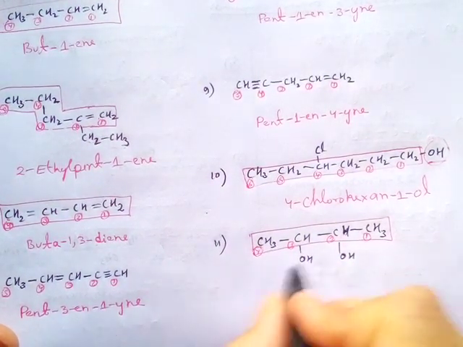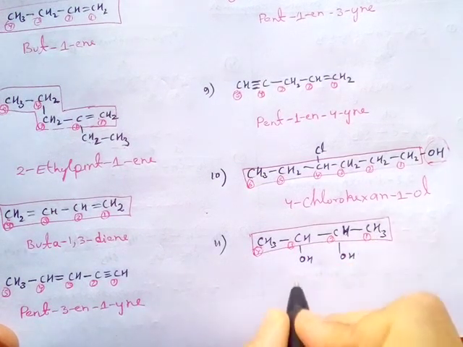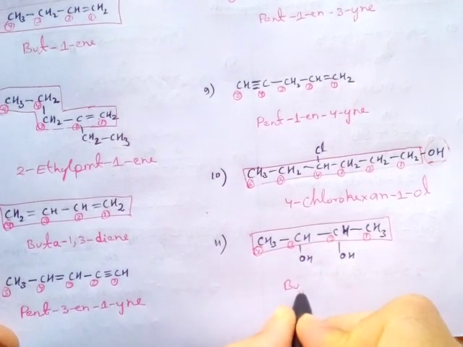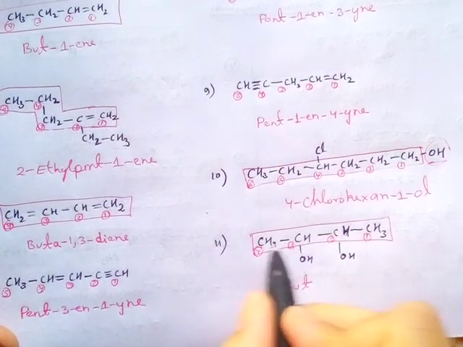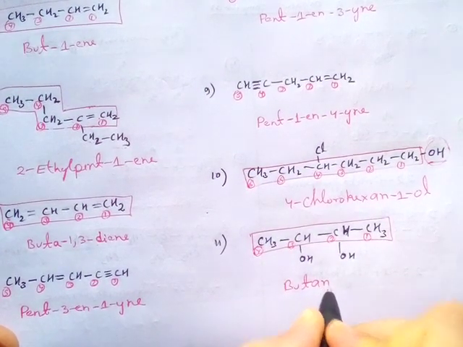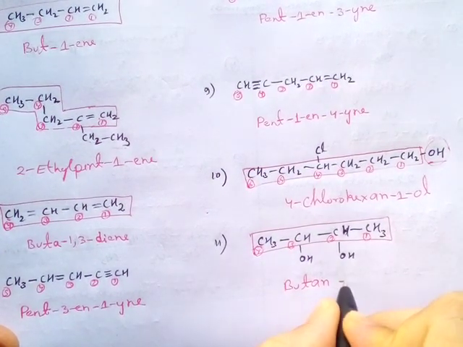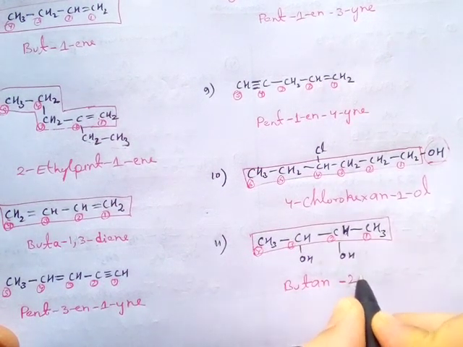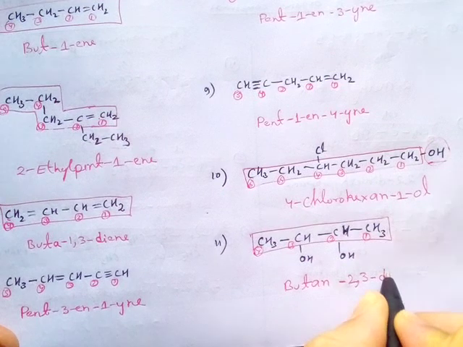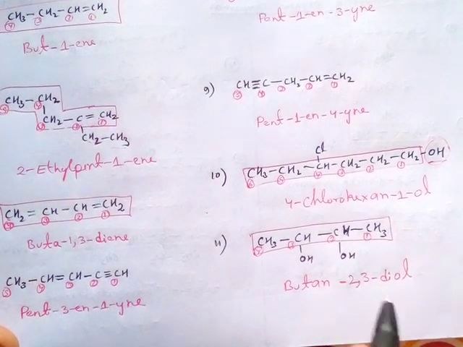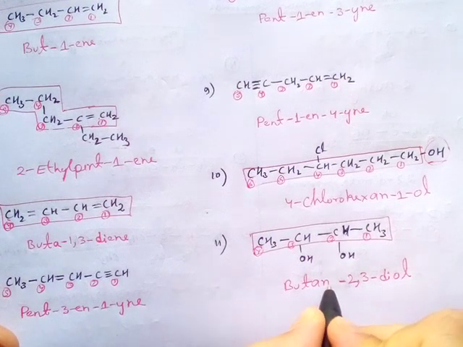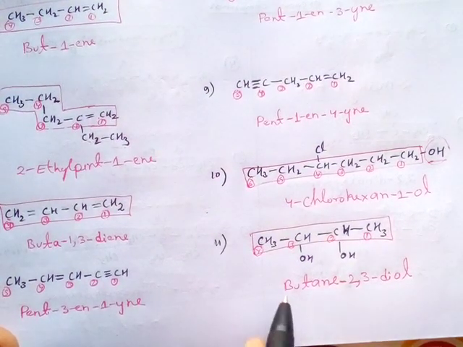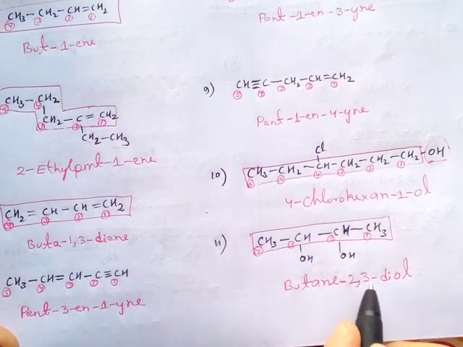So the next is the word root; the word root is 4, so it's BUT. Then carbon-carbon single bond, so A, and wait for E. The positions are 2 and 3, so 2,3-diol. Now D is a consonant, not a vowel, which means you have to retain E. So butane-2,3-diol.